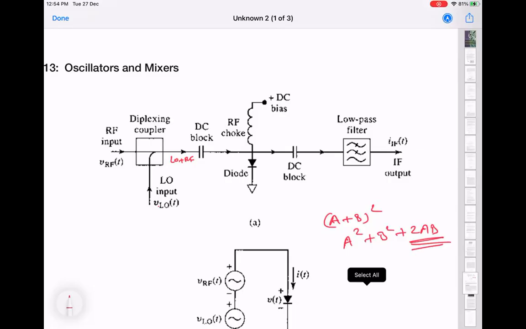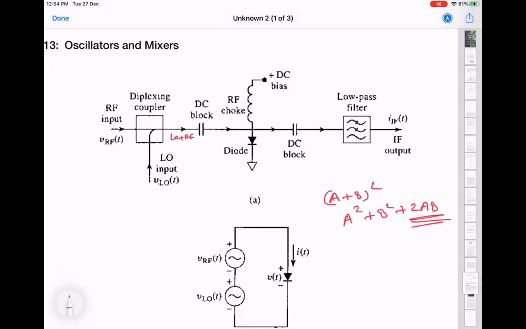So any circuit which has a nonlinear response will create terms like this. And these A squared and B squared terms, in frequency space, will be like sine squared omega, but that is also sine 2 omega plus something, so that's a much higher frequency.